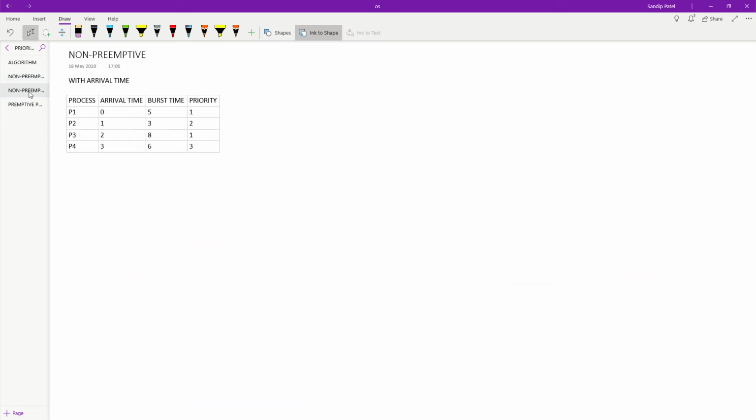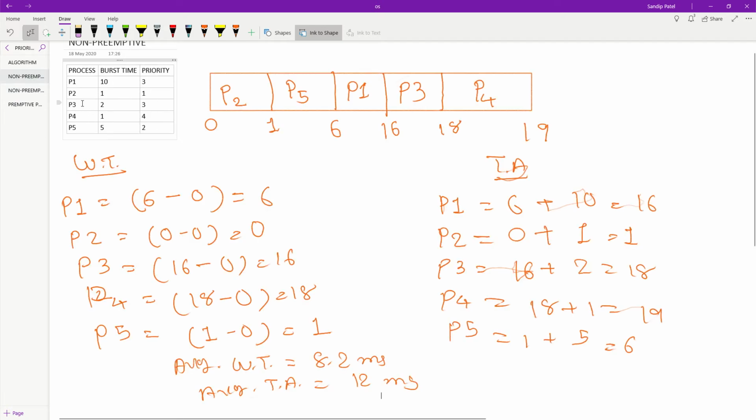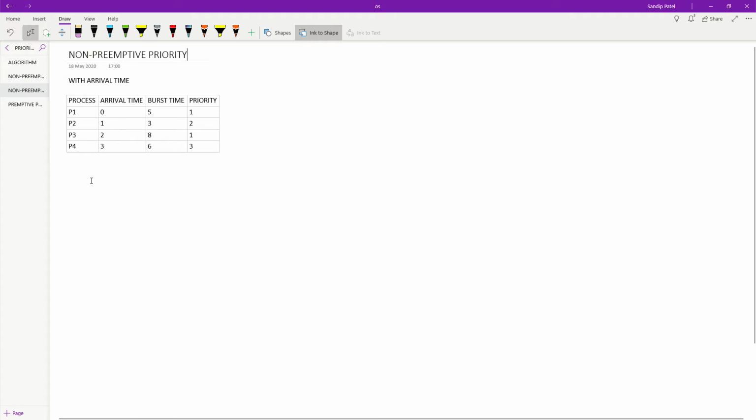Next we are going to see another example of a similar non-preemptive priority scheduling algorithm, right? But here the difference is that the arrival time is given, so we have to consider the arrival time as well as the priority, select one of the processes and execute it according to the burst time.